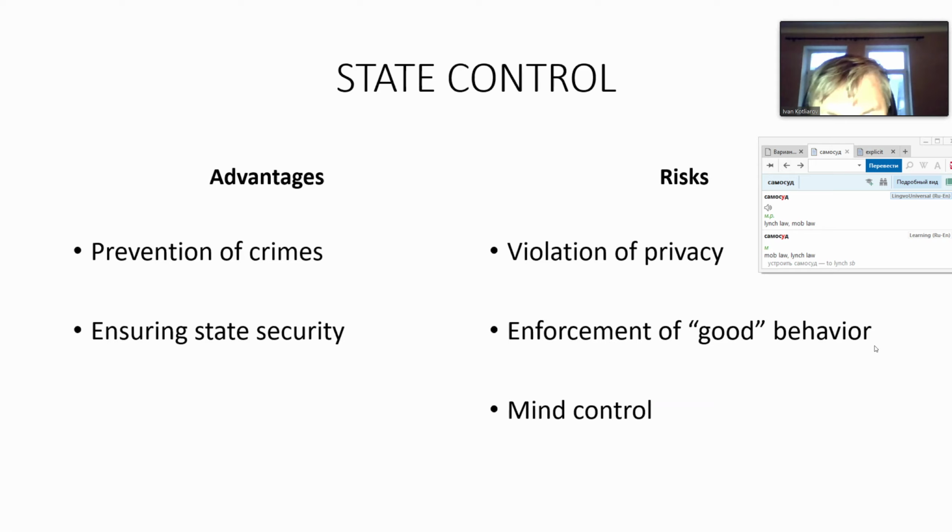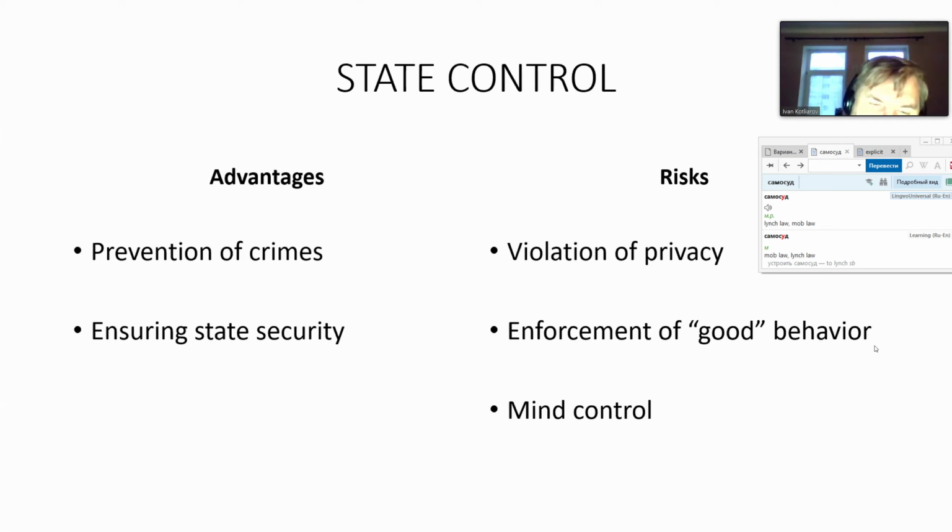Well, obviously, prevention of crimes. Thanks to control over behavior, we can prevent crimes, not just react to them, which is obviously good as it increases the security of our society, the security of our life.